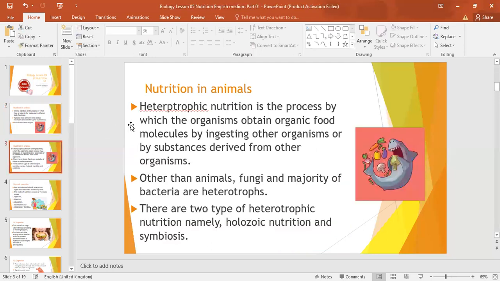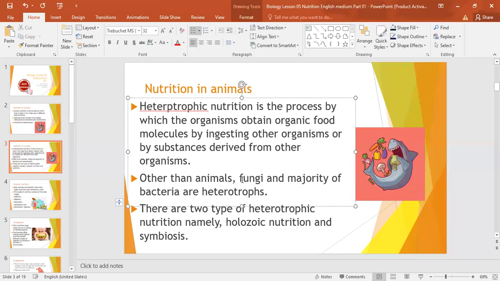So heterotrophic nutrition is the process by which organisms obtain organic food molecules by ingesting other organisms or substances derived from other organisms. As heterotrophs, we have to depend on others for food. We directly ingest other organisms or some substances derived from other organisms.